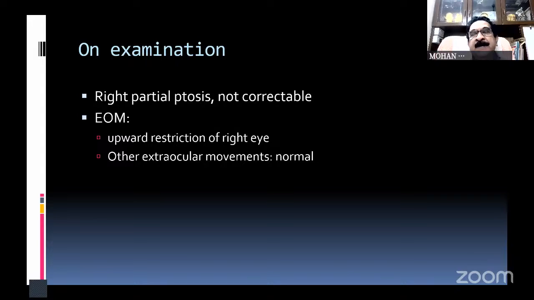That means the weakness is not due to affection of that particular muscle, but due to the affection of the contralateral or antagonist. The medial rectus is the most commonly affected muscle in thyroid ophthalmopathy, and the presentation is abduction failure. That's why it's called a restrictive, infiltrative ophthalmopathy.